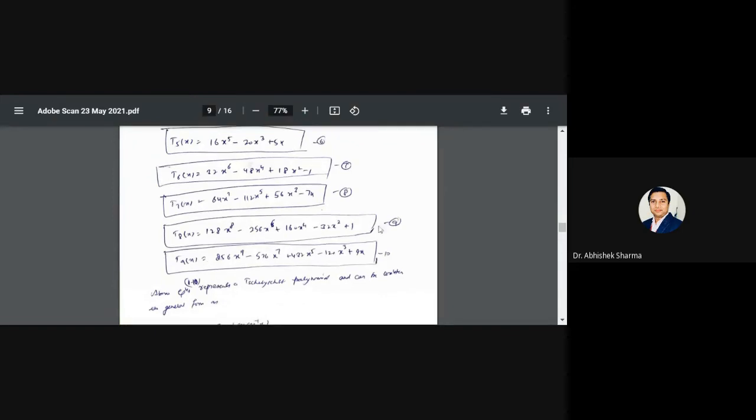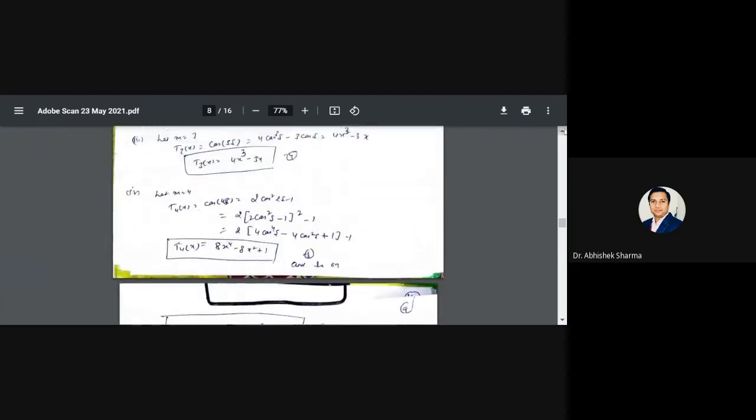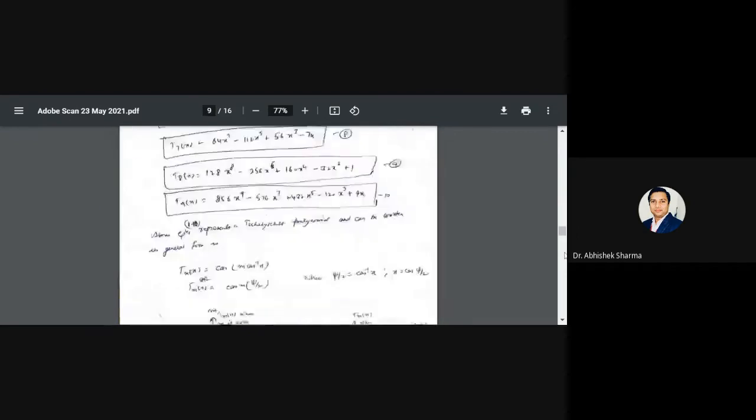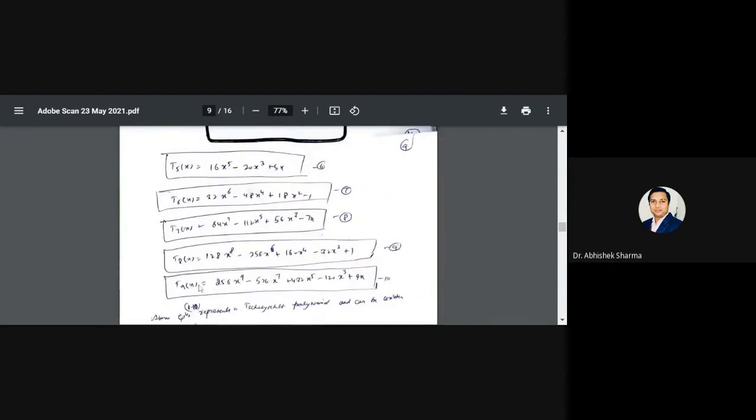Now all these equations from T0x to this T9x are called Chebyshev polynomials. These equations are helpful in finding out the values of a1, a2, a3 up to an.